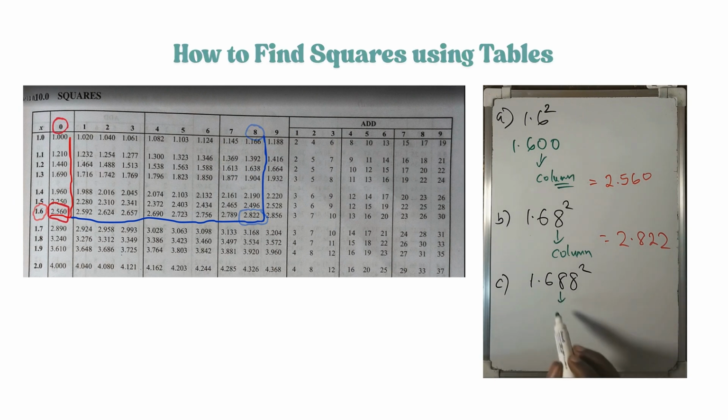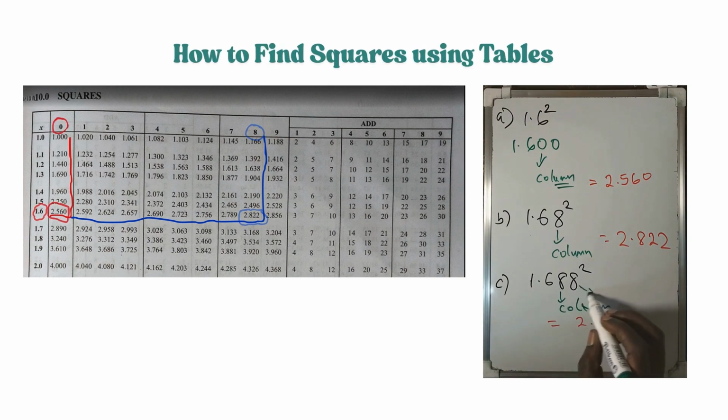The third digit is the column, so this would be our column. For 1.68 we have 2.822. And now we look at the mean difference section on the right under column 8.